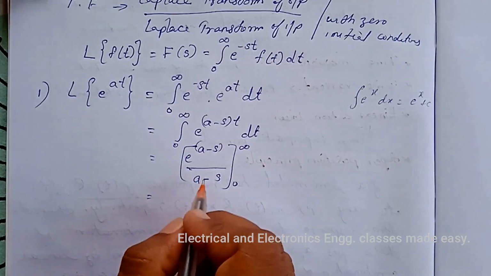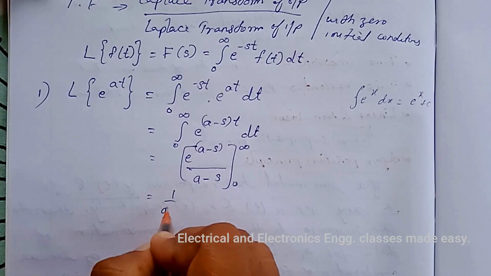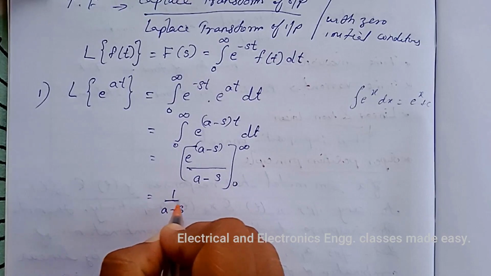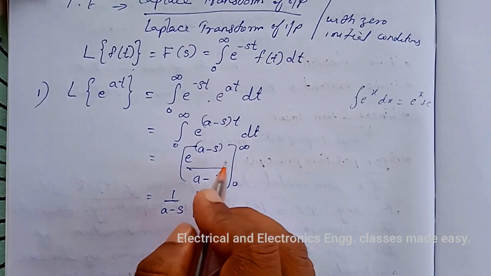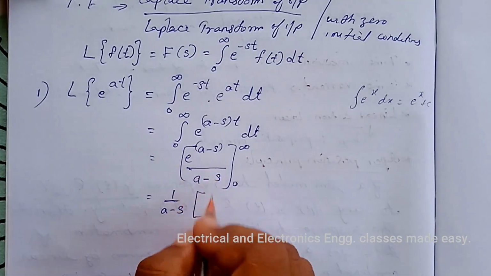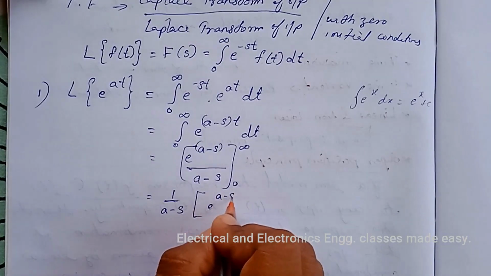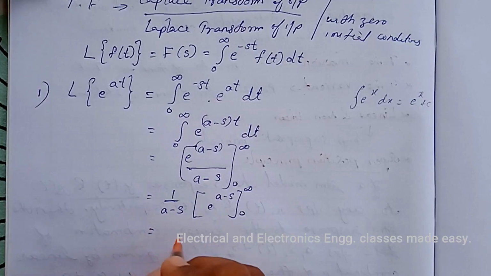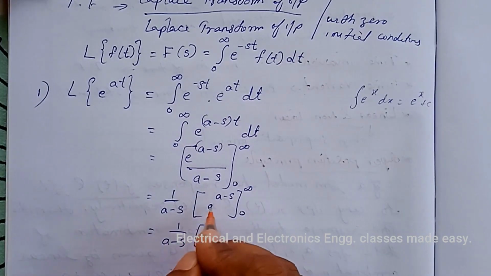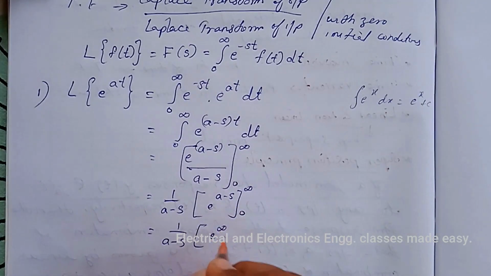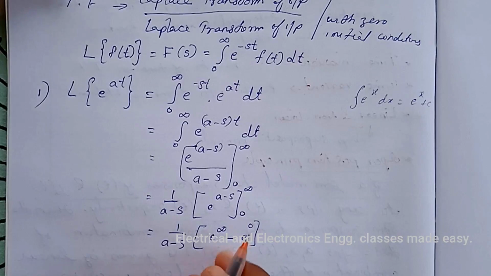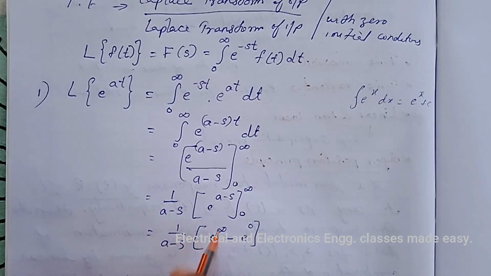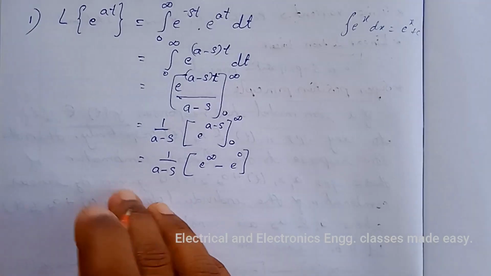We can take 1 divided by a minus s outside. So we have 1 by a minus s times e raised to (a minus s)t with limits 0 to infinity, that is 1 by a minus s times (e raised to infinity minus e raised to 0). So what is e raised to infinity?